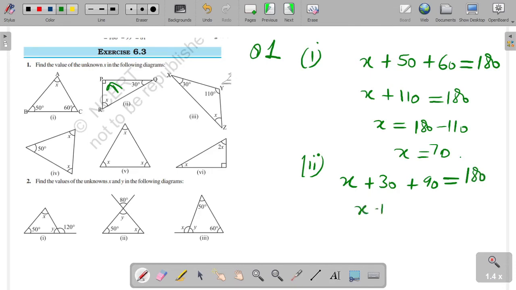So x plus 120 equals 180, or x equals 180 minus 120, or x equals 60 degrees. So this is the second part.